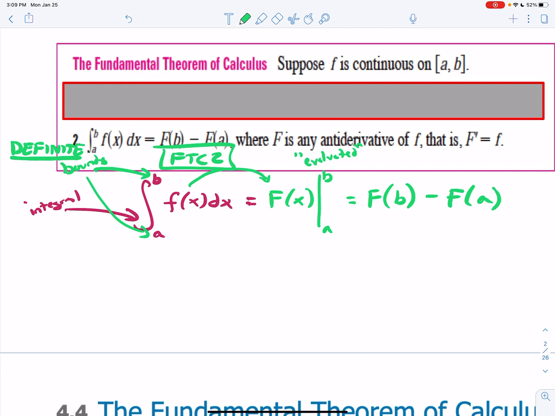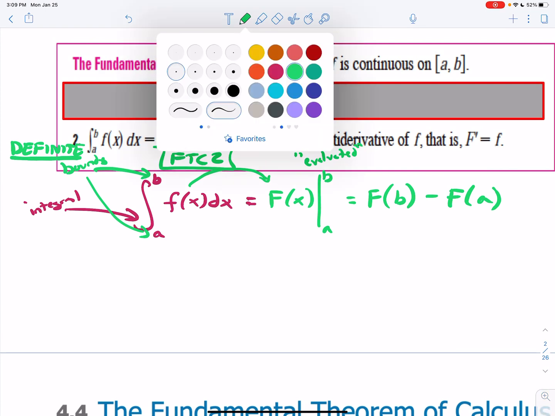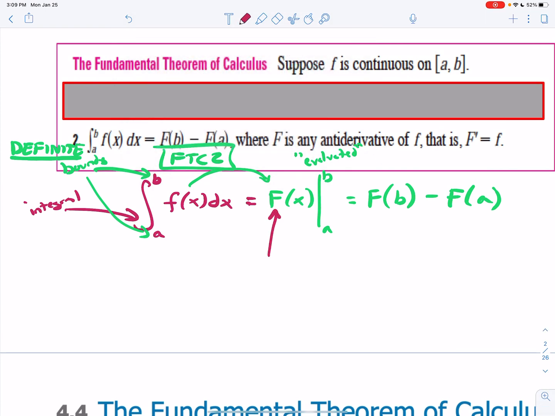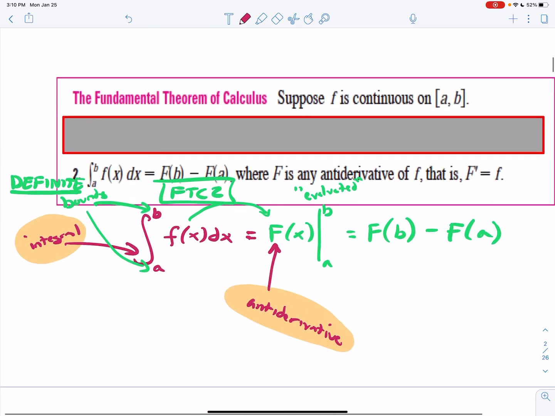So, some things to note. We mentioned that capital F represents the antiderivative. If you guys recall back in that last lesson, what did that also mean, right? We have integral, we have antiderivative, but really what are we finding here, right?